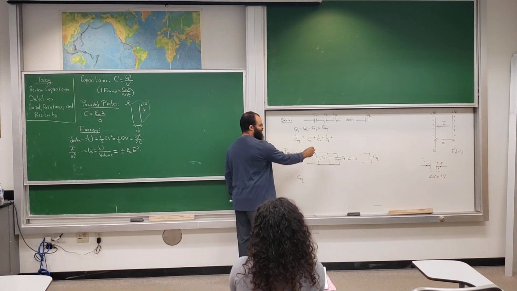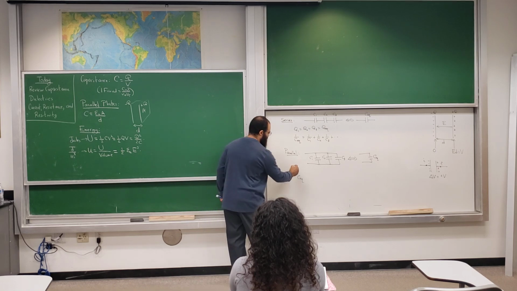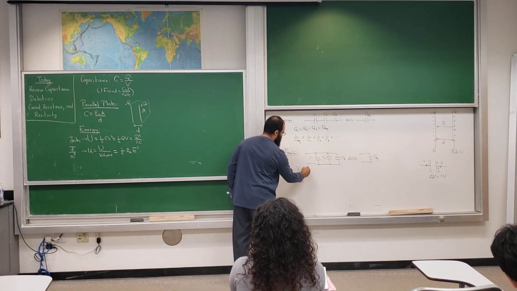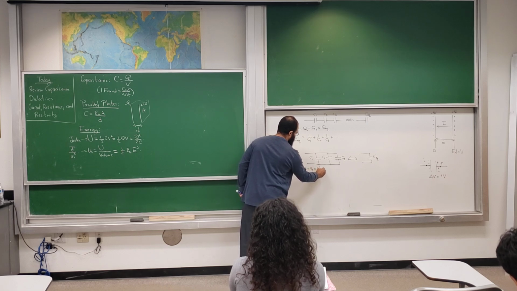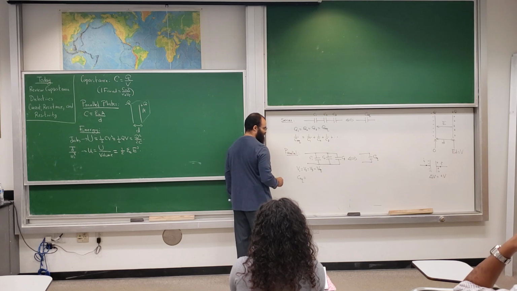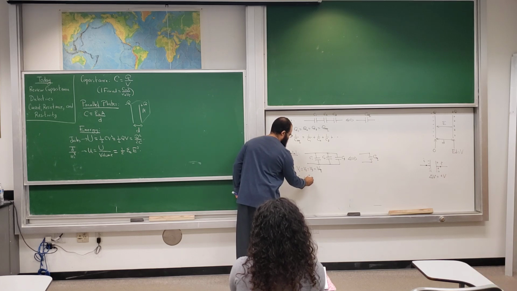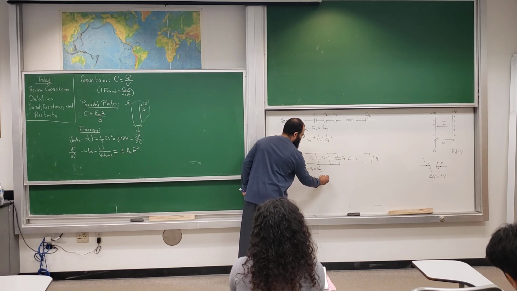Actually, what was special about these? What's the same for all of them? The voltage, good. So V1 is the same as V2, the same as V3, and the same as V equivalent. And C equivalent, how do we find it? Just simple addition: 1, 2, 3, no reciprocal or anything, just add.